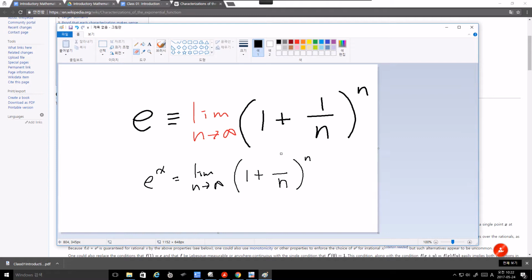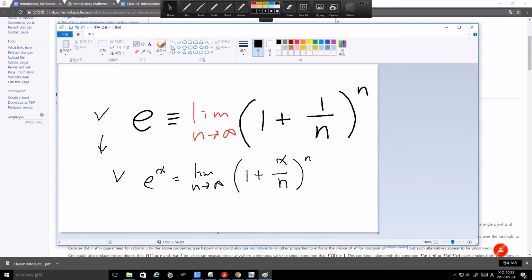Now important part is that now it is the x. Okay, so let me compare these two, and then actually it is very easy to derive this second characterization of exponential function from the first one.